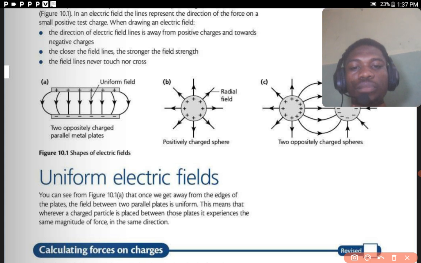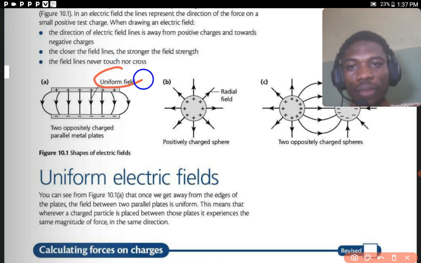If you look at A, you can see that once we get away from the edge of the plates, the field between two parallel plates becomes uniform. If you look clearly in A, this is what we're talking about. This is a uniform field.